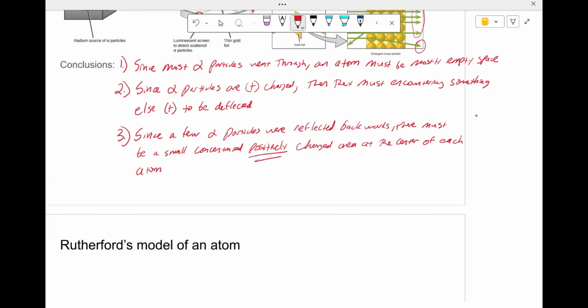And that small positively charged area, scientists now call a nucleus.